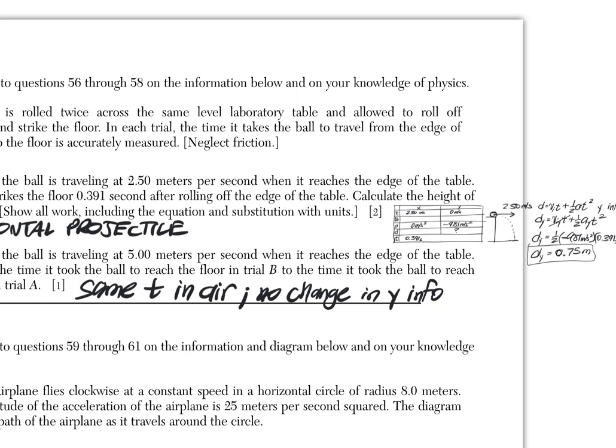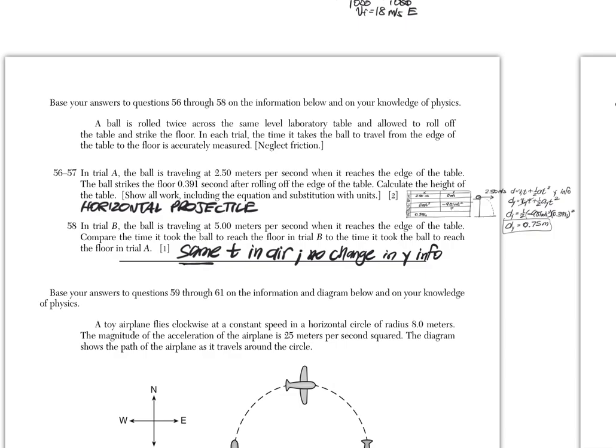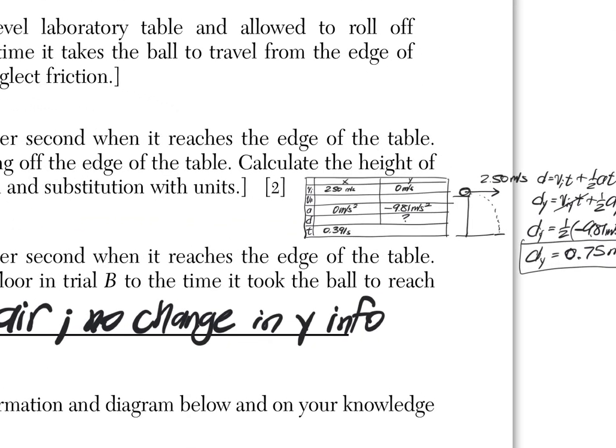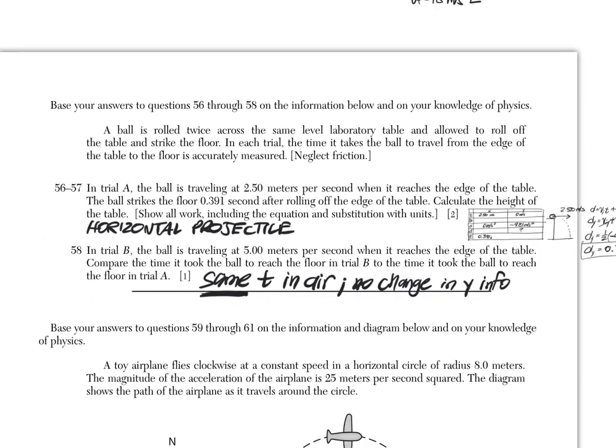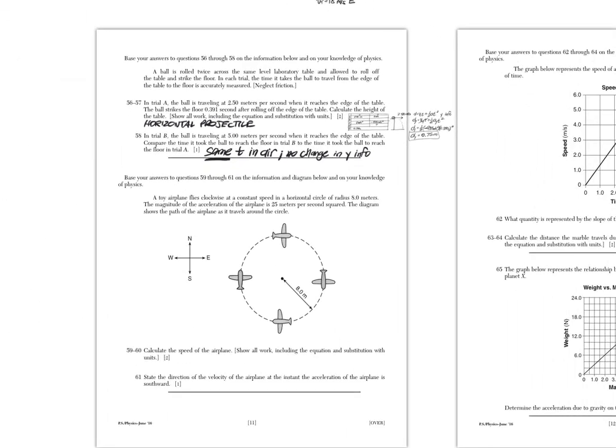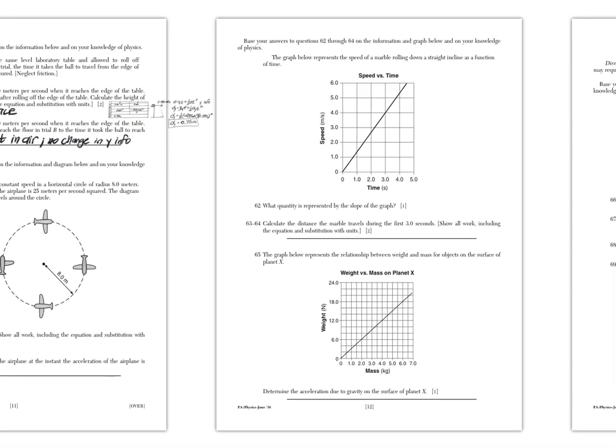If it goes faster off the table, it will go farther. It will get a greater range. The x displacement will be higher. It'll go farther away from the edge of the table on the floor. But that time in the air is going to be the same because the time depends on the vertical information and there would be no change in the vertical information. So that's 58. Now we have 59 through 61.